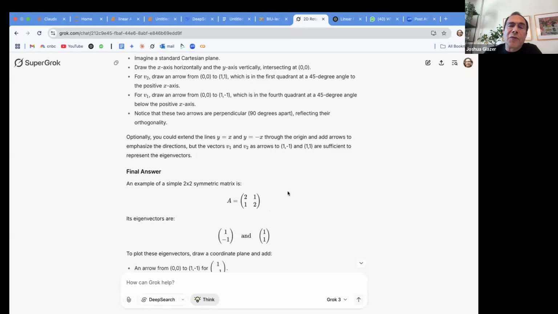Exactly. So if you multiply this matrix by this eigenvector, we'll get a vector which is 3, 3, which means that we took the original eigenvector and multiplied it by 3. So the eigenvalue here is 3. Does anybody know what happens when we multiply this eigenvector?